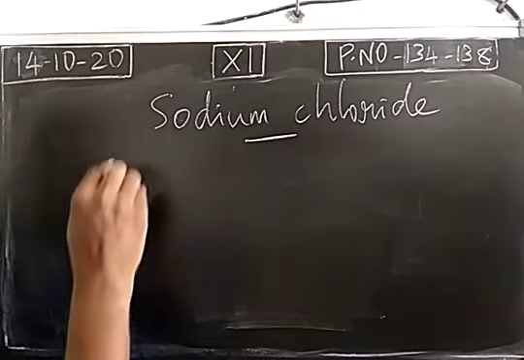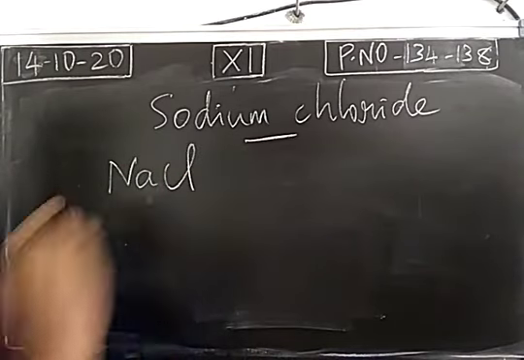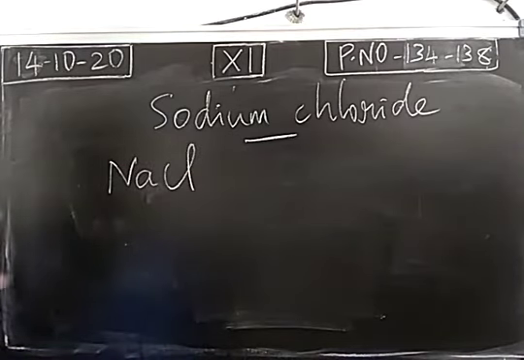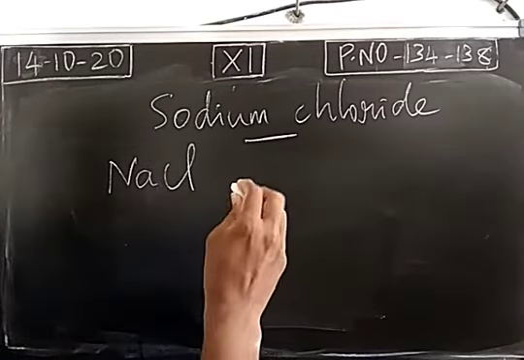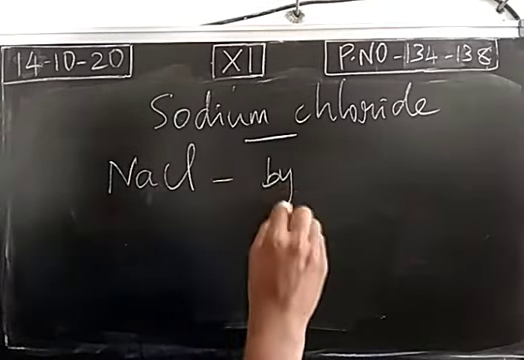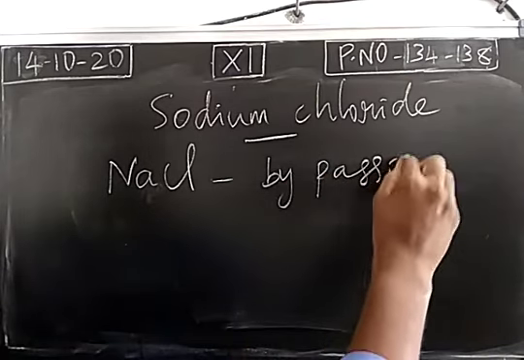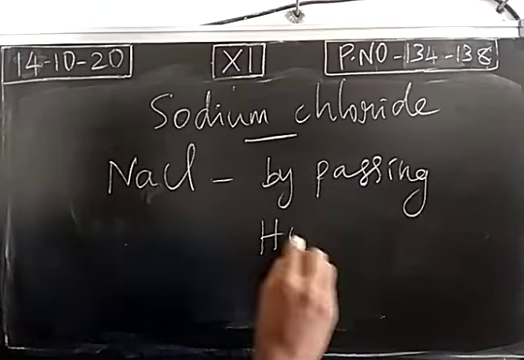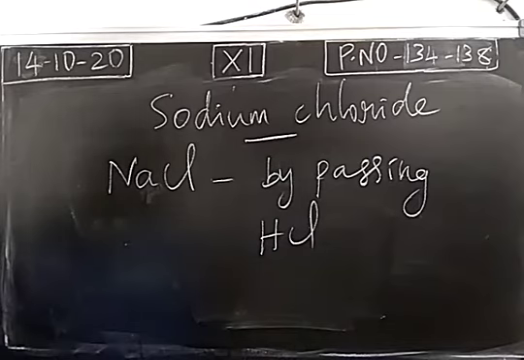Then the sodium chloride will be crystallized by passing hydrogen chloride gas. So in the crude sodium chloride solution, we pass hydrogen chloride gas.